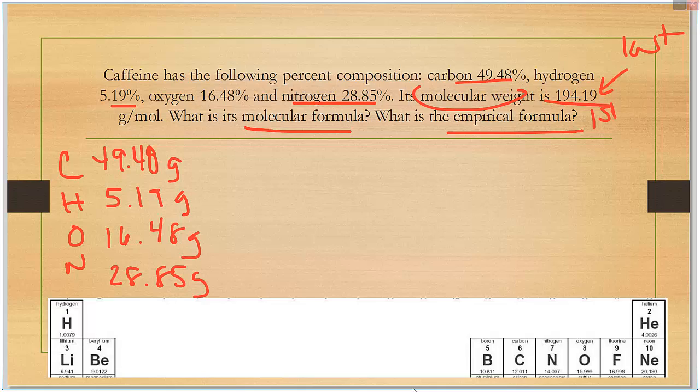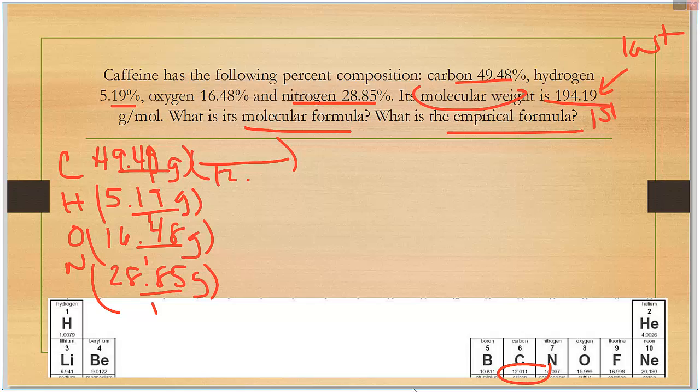So we want to convert all of these to moles before we go on. So percent to mass, mass to mole. We divide by the molar mass. The molar mass of carbon is 12.0. That comes out to be 4.12. Hydrogen is 1.0. That comes out to be 5.19 again.